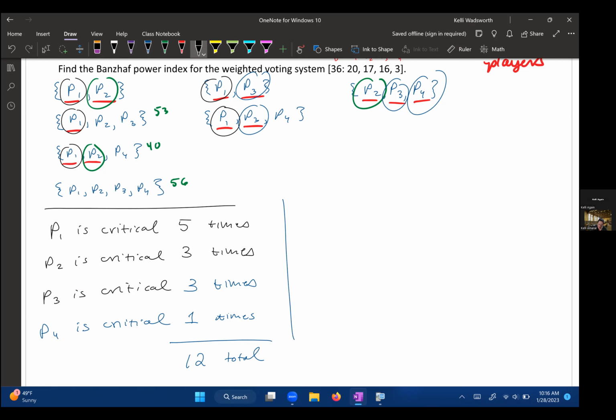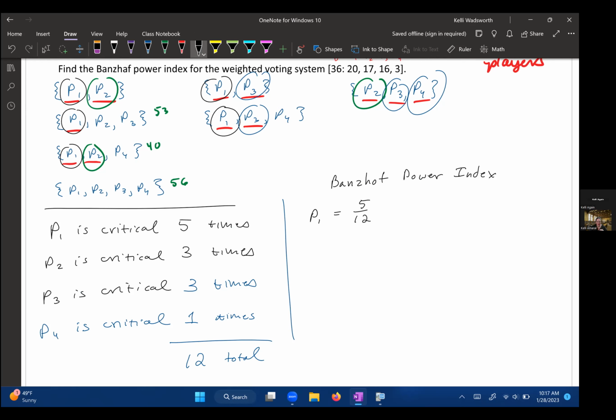Okay. So then the Banzhaf power index. So for player 1, we're going to do 5 divided by 12. All right, so let's just write them all down. That's a perfectly fine fraction, right?